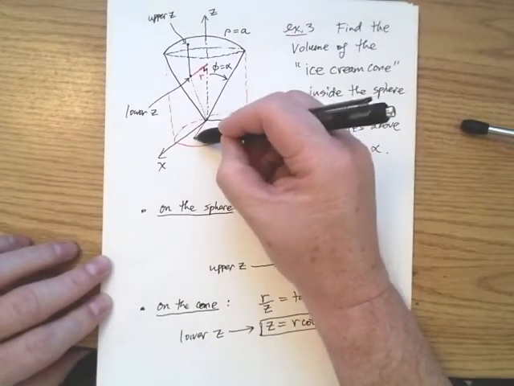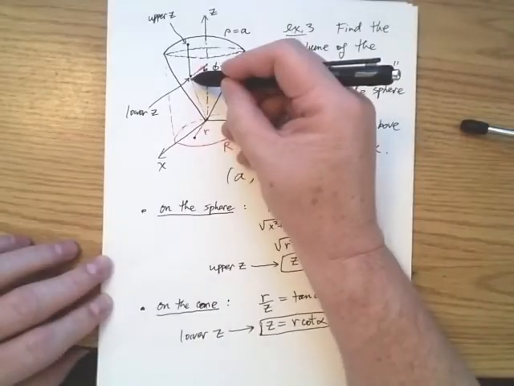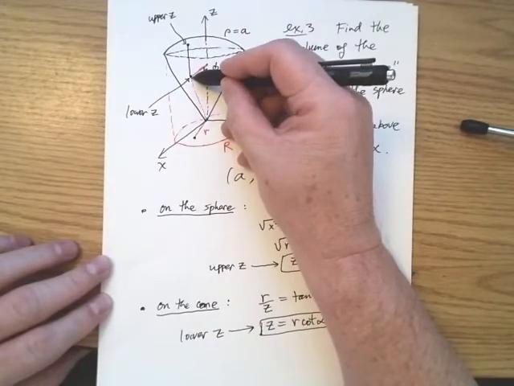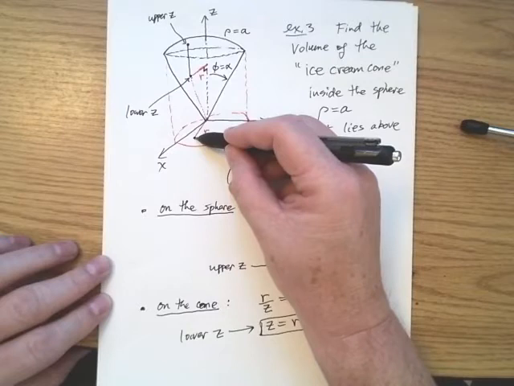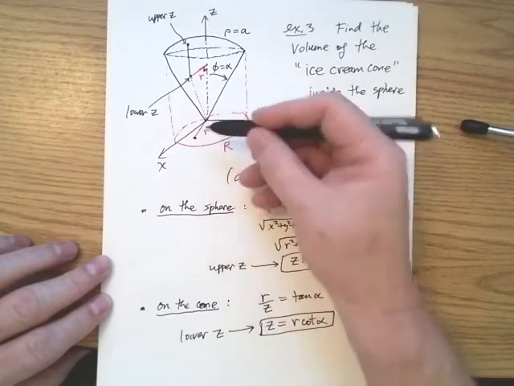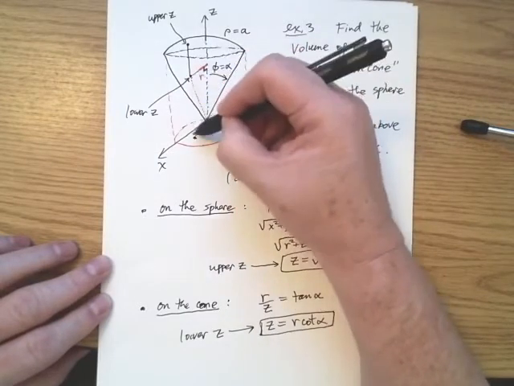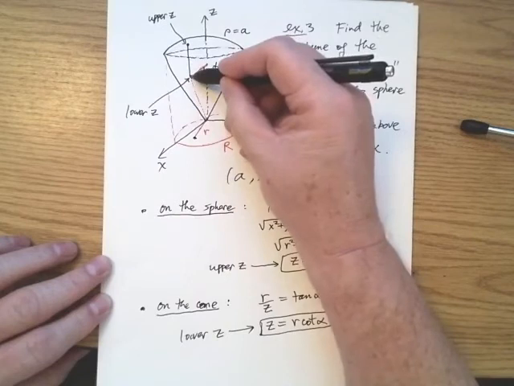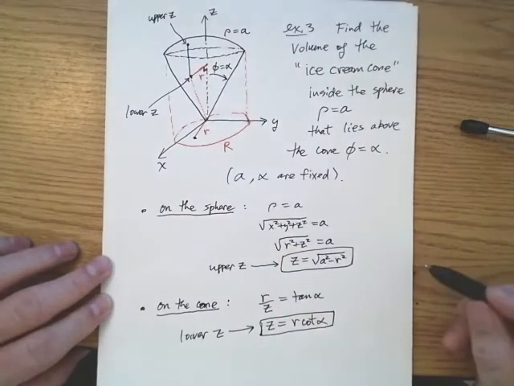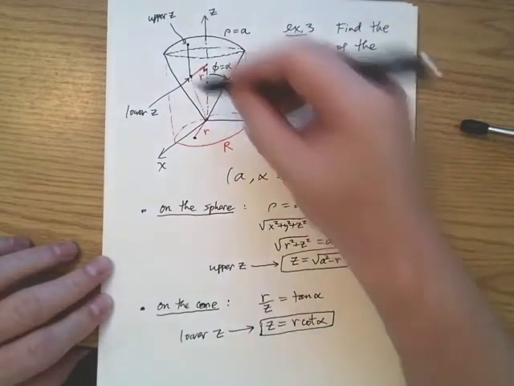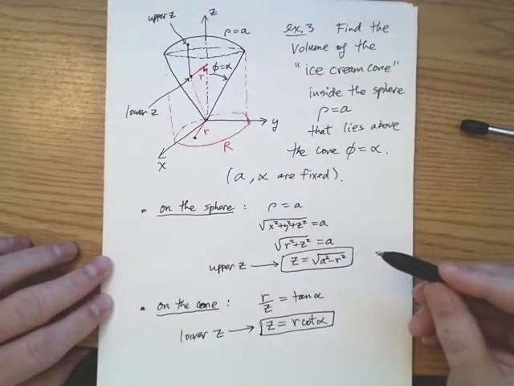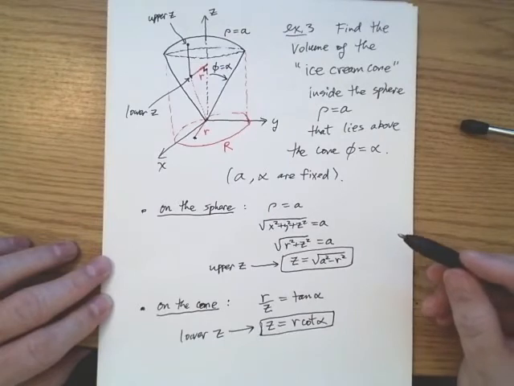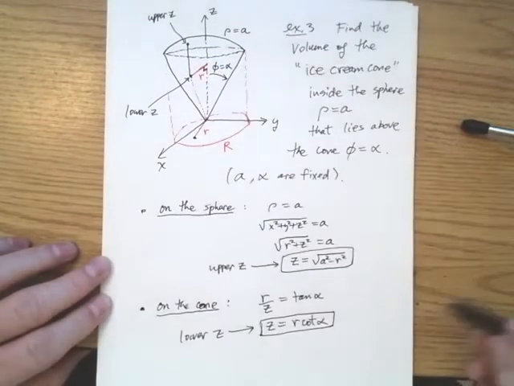Now, just above that point, I've got a point here on the cone. It has the same coordinates, r and theta, or x and y if you wish, as the point here, but it's got a different z value. That z value lies on the cone, and there's a z value above that with those same x and y, or respectively r and theta coordinates, that lies on the sphere, right?